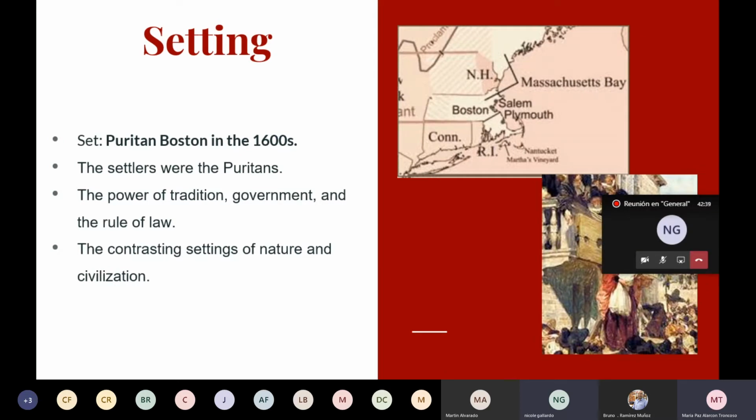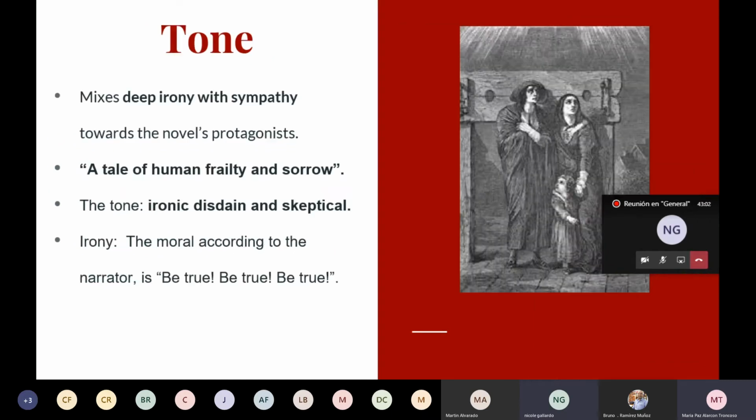For instance, some of the settings highlight the power of tradition, government, and the rule of law. All of these aspects significantly impact the life of Dimmesdale and Hester by punishing them for their affair, for the adultery they committed. Now I'm going to talk about the tone of this novel.